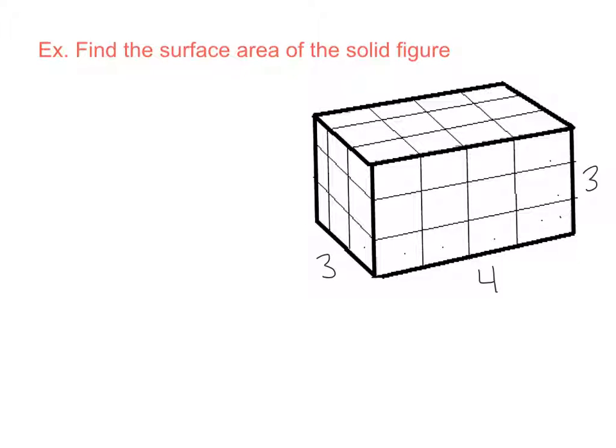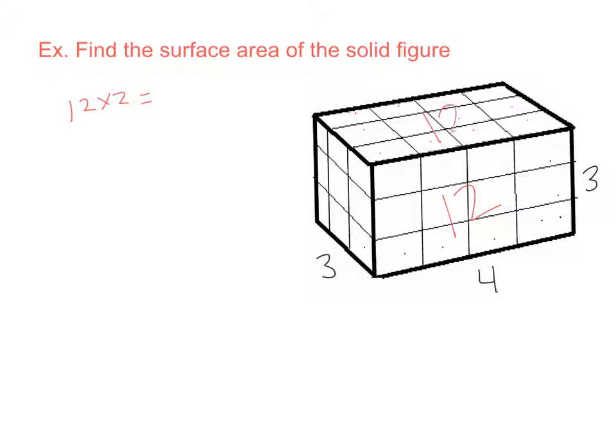I'm going to switch colors. I like that a little bit better. So this side is 12. Now remember, there's an identical side on the back that we can't see that is also 12. So I'm going to have 12 times 2. Okay. And then let's do our top side that we can see. 1, 2, 3, 4, 5, 6, 7, 8, 9, 10, 11, 12 as well.